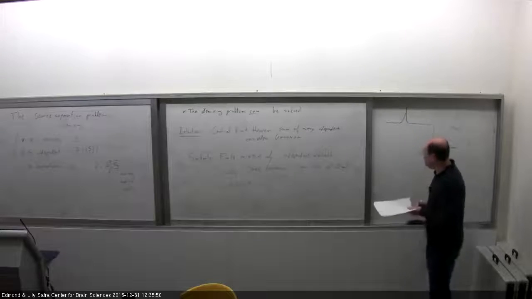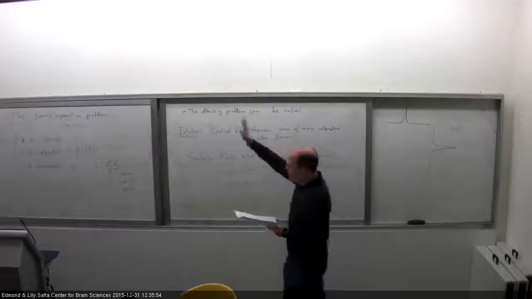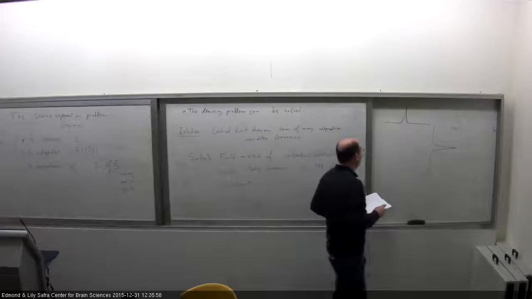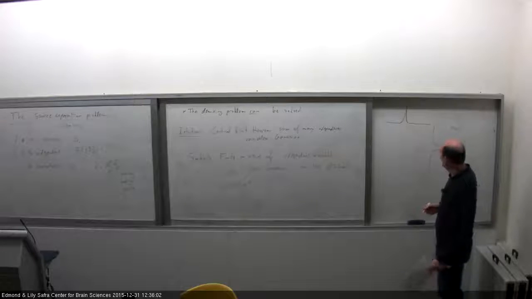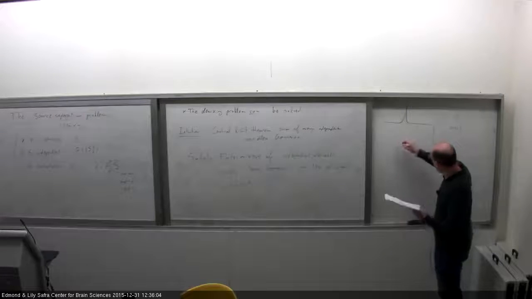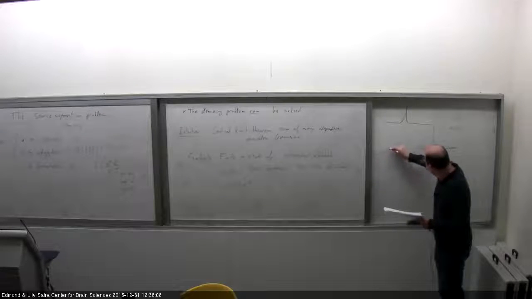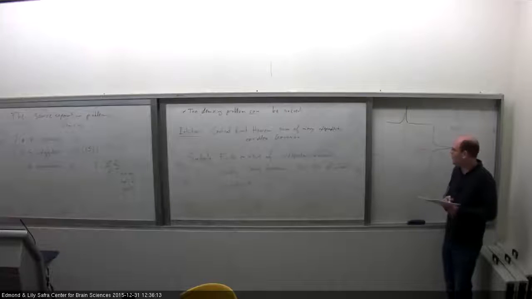And now I want to draw the joint distribution of S1 and S2, before the mixing. It's a bit hard to draw, but the contour lines will be something like this. These are the contour lines over which the joint distribution is constant.